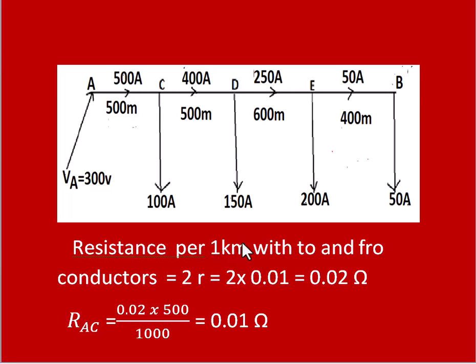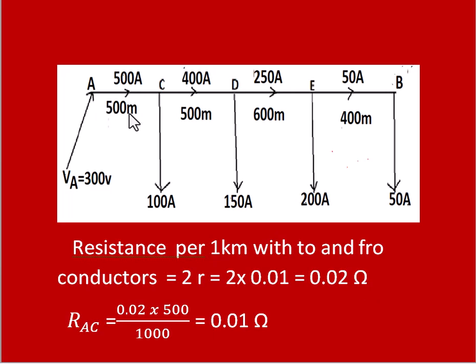So if the resistance of one wire is 0.01 ohm per kilometer, then the total resistance of the distributor per kilometer can be calculated as 2r. The small r is the per conductor resistance per kilometer. So 2 into 0.01, so 0.02 ohms is the total resistance of the distributor per kilometer.